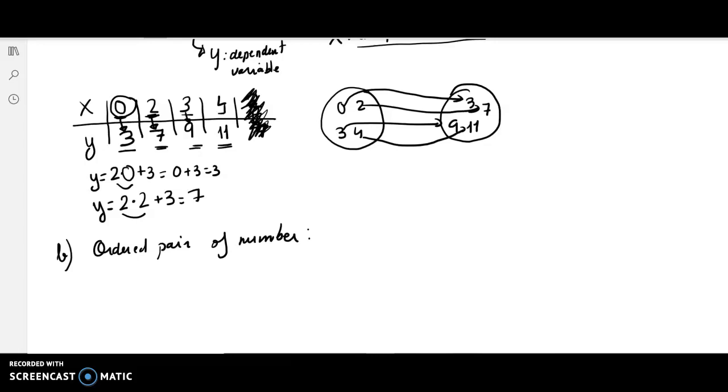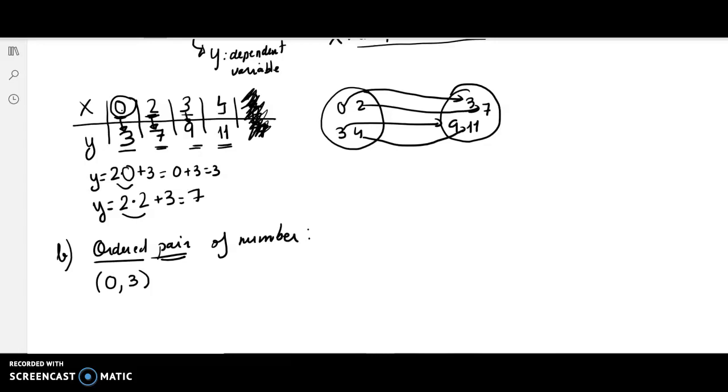Great. If we take the pair of numbers in this table, we take the 0 and then the 3. So we take in brackets 0, 3. This is a pair of numbers. Is it ordered?